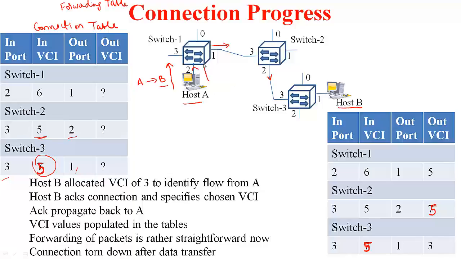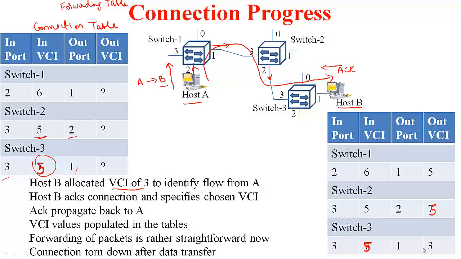Now when this connection setup packet, which has traveled like this, has reached host B, if host B decides to accept the connection, it will allocate a VCI of, in this case, 3, to identify the flow from A. Now what B does is it in turn acknowledges this connection, and when it is acknowledging this connection, it will specify to switch 3 that I have assigned a VCI of 3 for this particular connection.